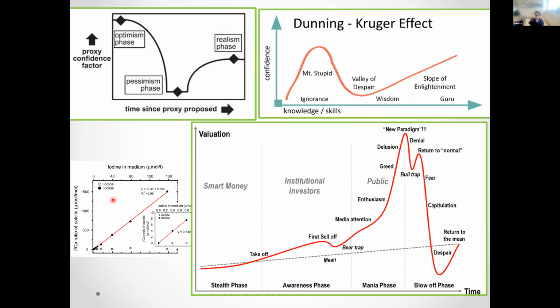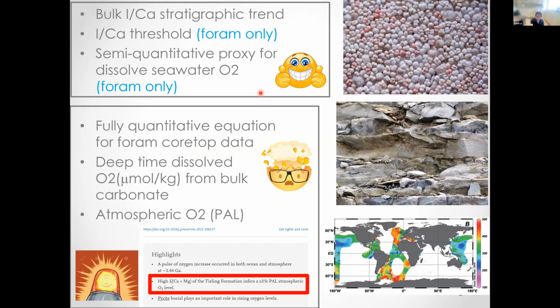Where this proxy is currently, it's hard to say, and in my view, it really depends on who you're talking to. Individual researchers may be at different parts of these curves, different stages. So I guess I'll wrap up my talk here and take some questions if there are any.